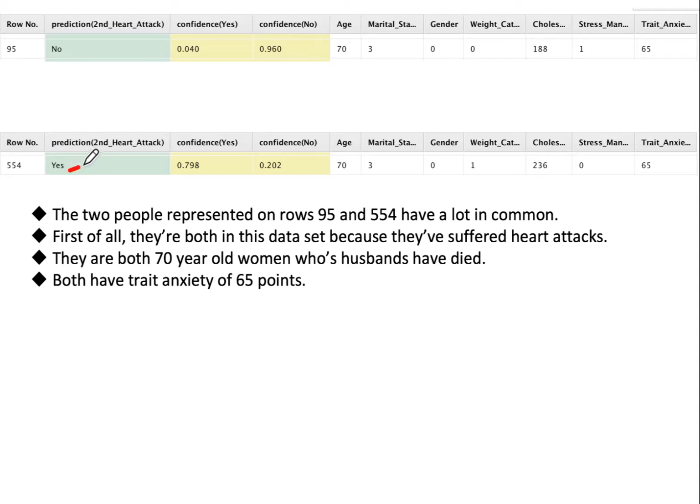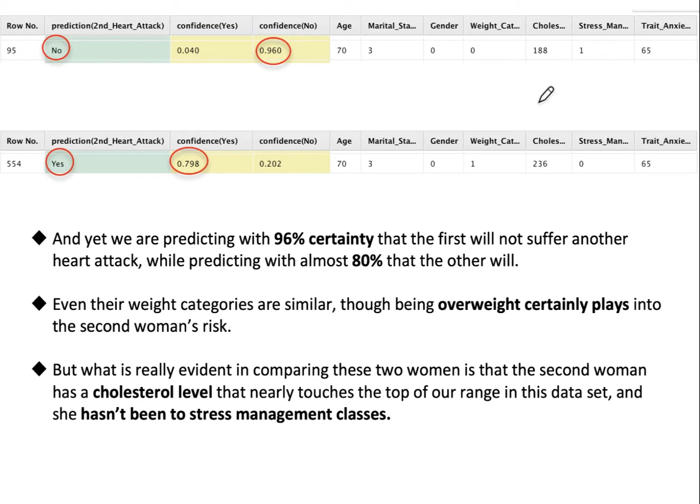The person who the model predicted is going to have a second heart attack was overweight. This one had a good weight category. Okay, it wasn't overweight or obese. The cholesterol level, as you can see, is much higher than that person's. Not only that, this person attended the stress management, whereas this one did not.